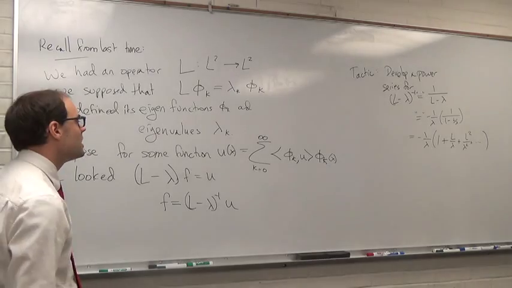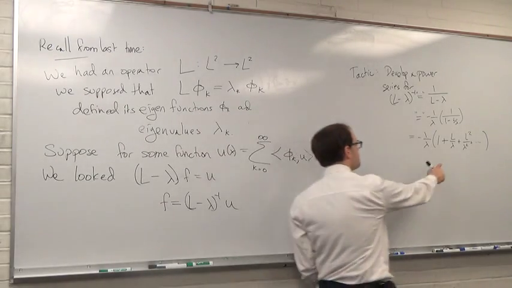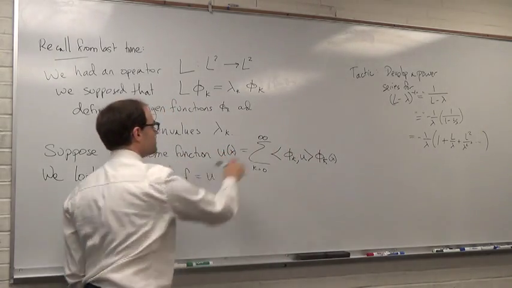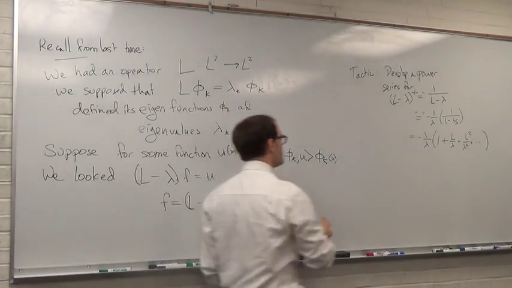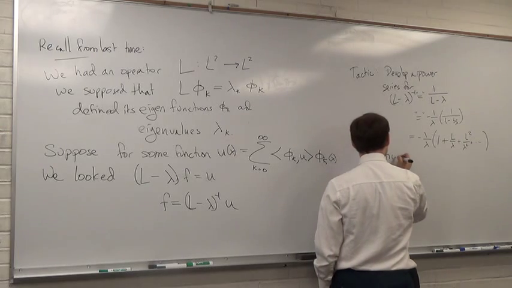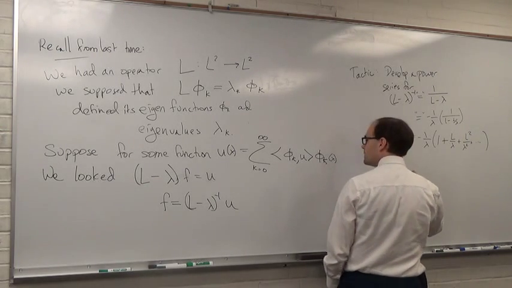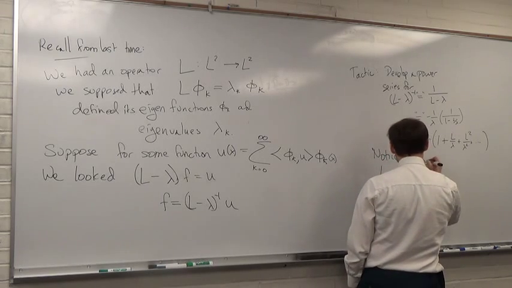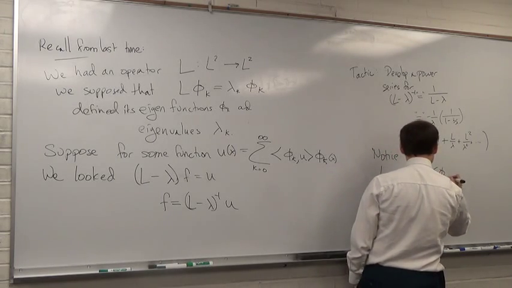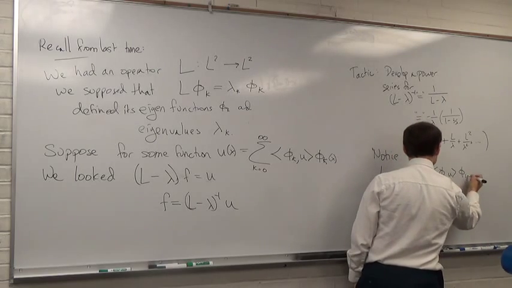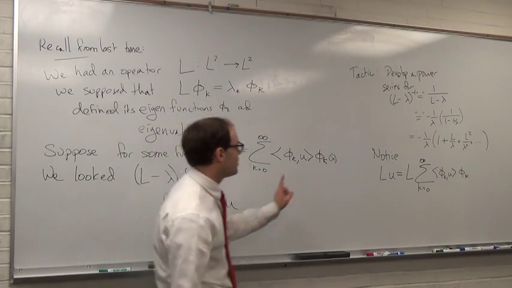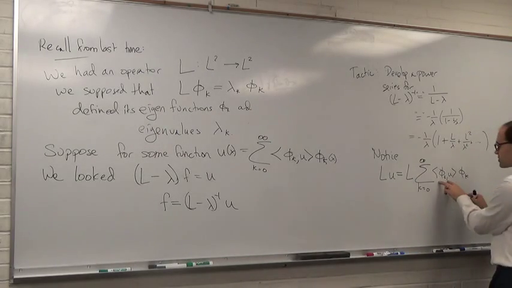The benefit of doing this is that each of these various operators operates very nicely in this expansion for you. So notice, LU is what? It's L acting on this sum. If I make use of linearity here, pull that L in, notice this is a scalar, so I can keep pulling until I get to phi k.